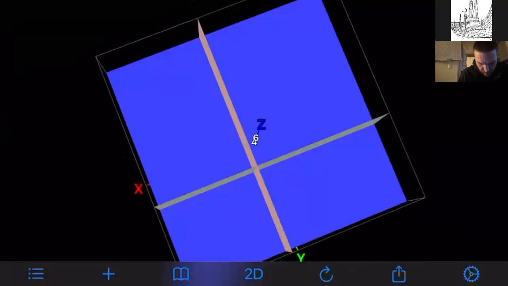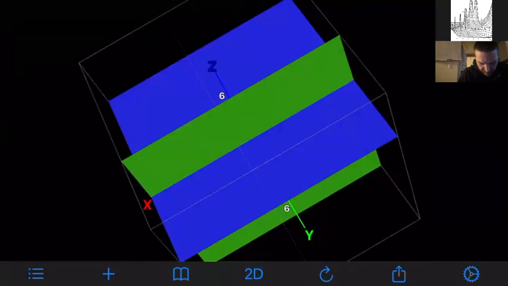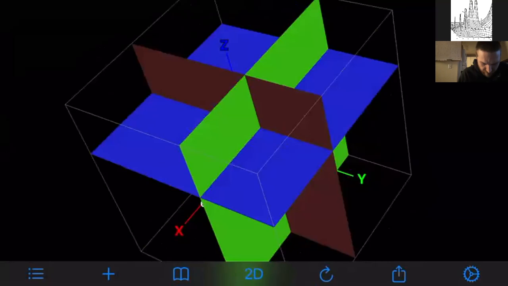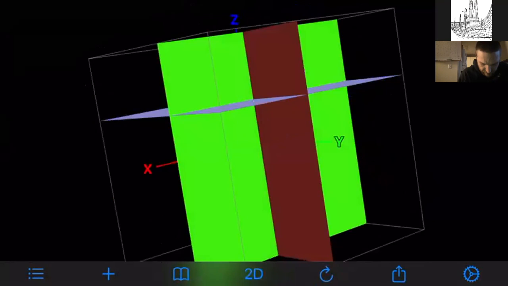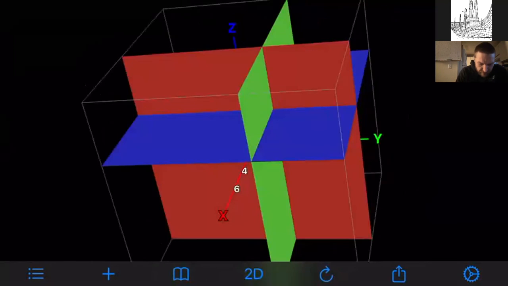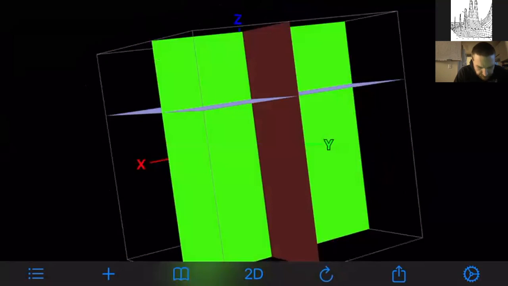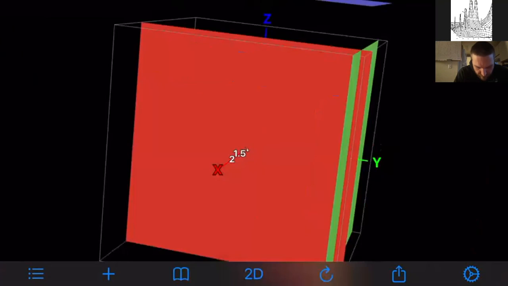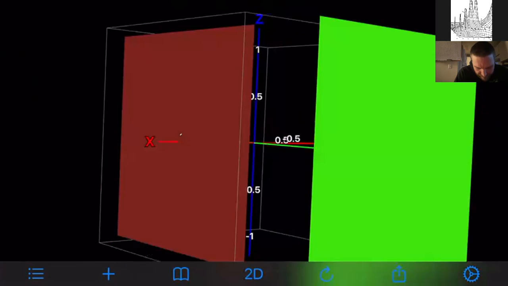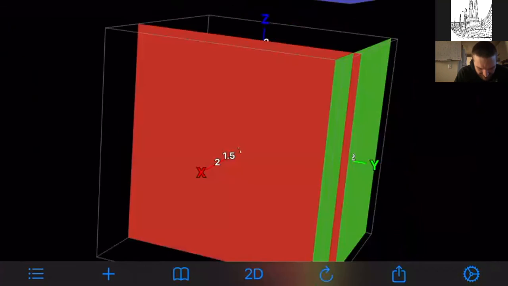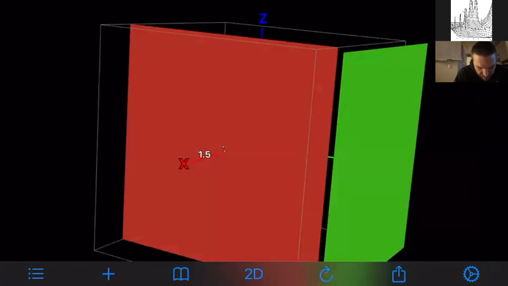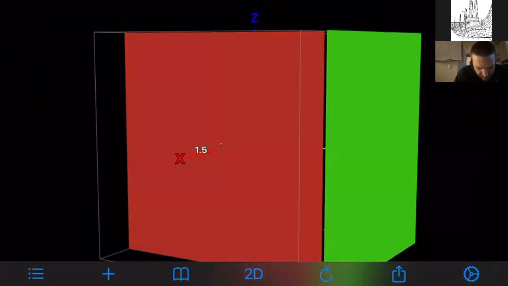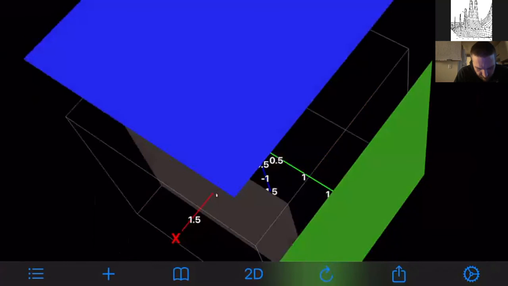And we could see where those planes, finally, that common point that's right there in the first octant is easy to find. We could say, well, let's see where that plane goes through the y. It's actually kind of hard to see, but the red plane, which is the x plane, goes through 1 right there.